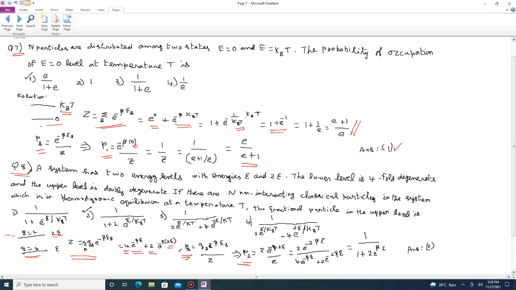P2 is equal to g2 equal to 2, e power minus beta 2E, divided by Z. You substitute for Z here. Then simplifying, you will get 1 divided by 1 plus 2 e power beta E. So option 2 is the correct option.